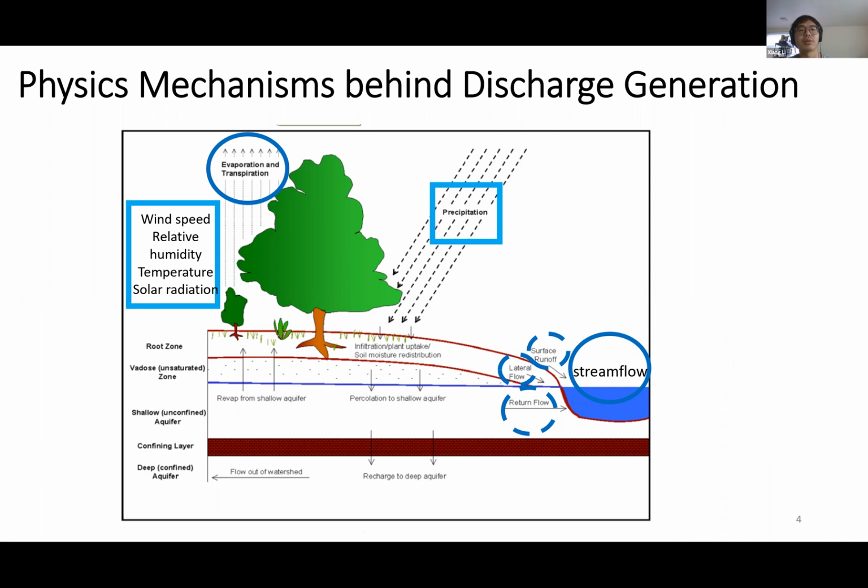We also have precipitation driving all of the hydrological cycle. And stream flow will be generated not only from precipitation, but also from other hydrological variables, such as surface runoff, lateral flow, and base flow. They all flow into stream channels via different pathways in a terrestrial water cycle.